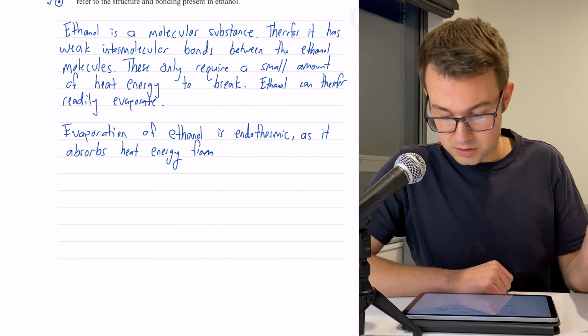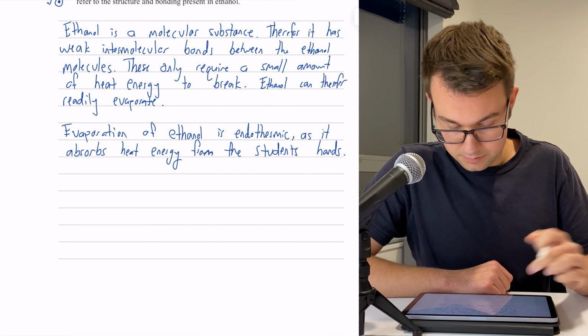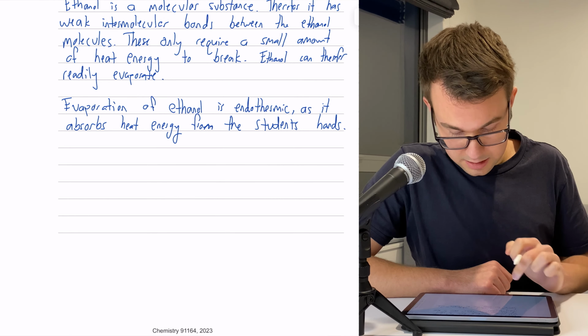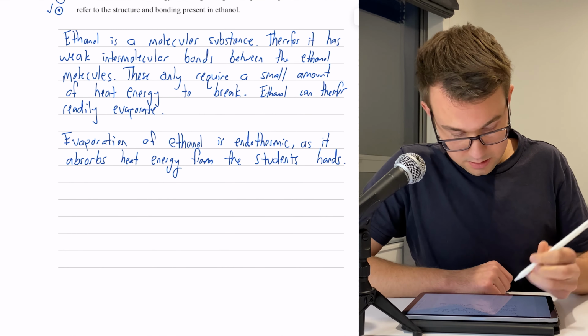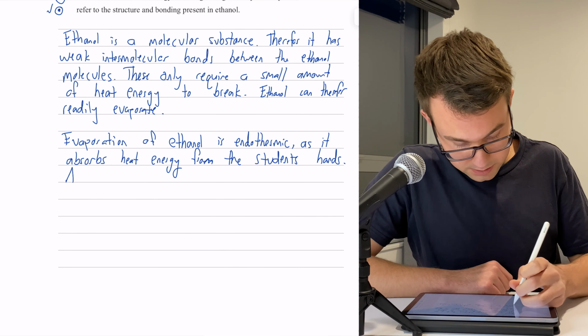It absorbs the heat energy from the student's hands. Perfect. So that's how it's getting the energy to break these intermolecular forces, because it's absorbing the energy from the student's hands.